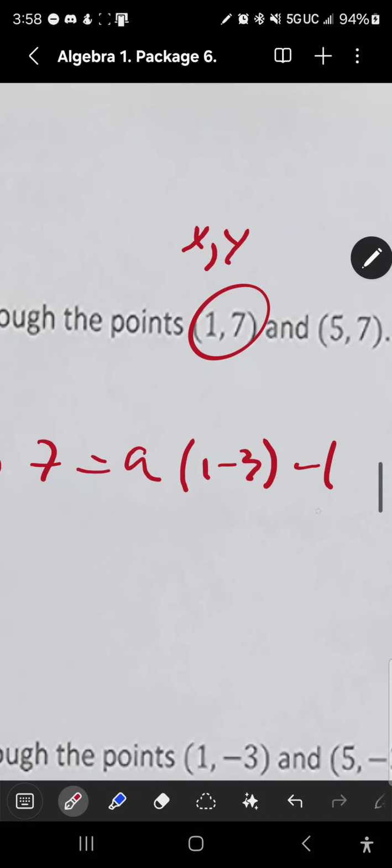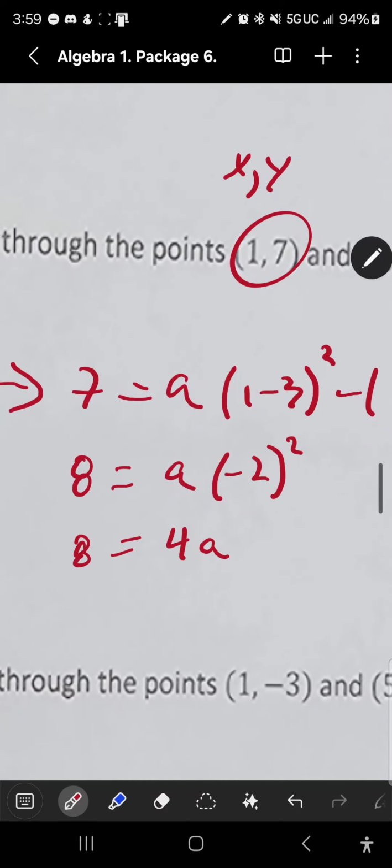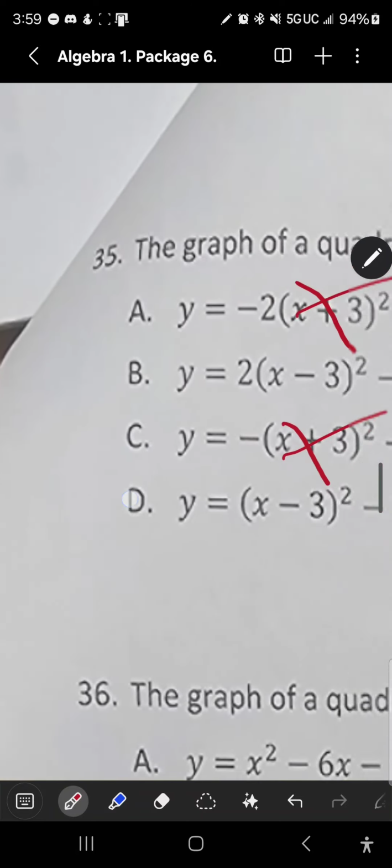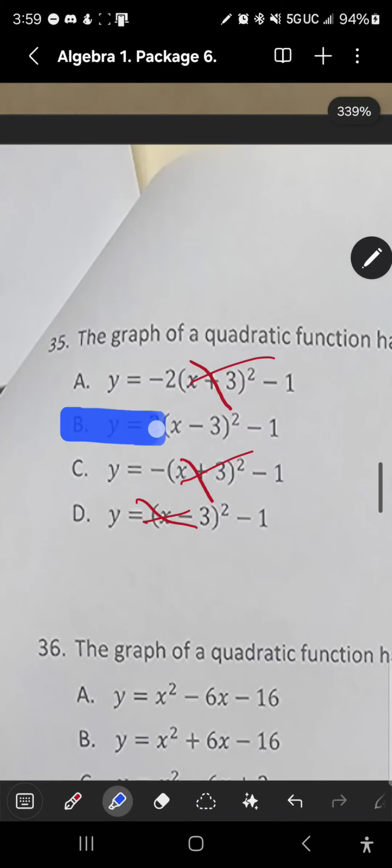Now I'm going to add 1 on both sides. So I have 8 equals a times (1 minus 3, which is negative 2) squared. Negative 2 squared is 4, so 4a. And then I divide by 4, and I have that a equals 2. So this is wrong, and this should be my answer.